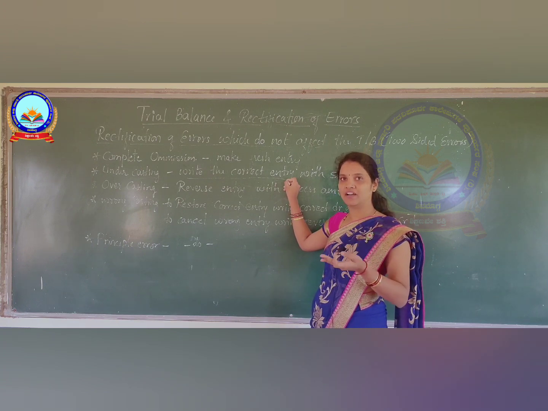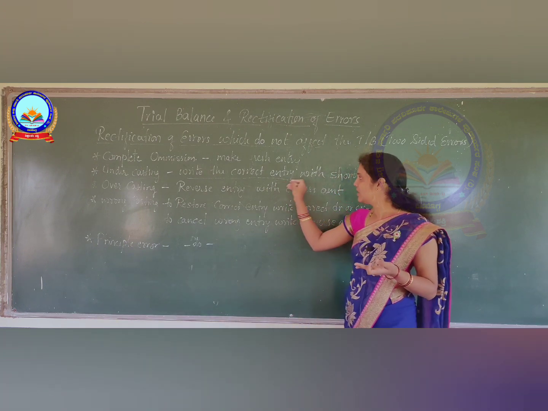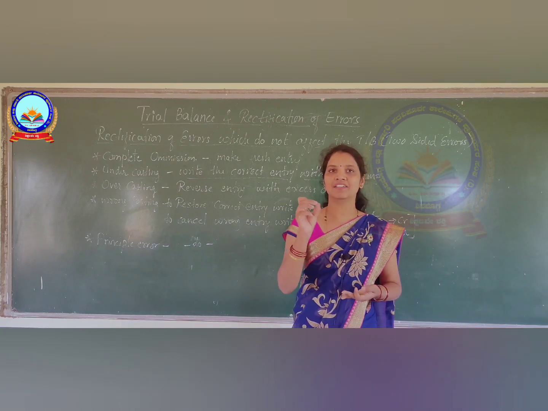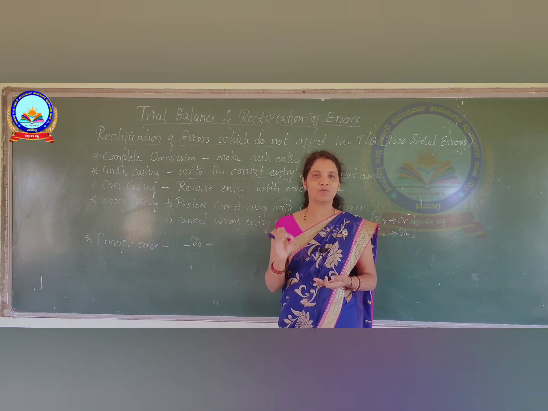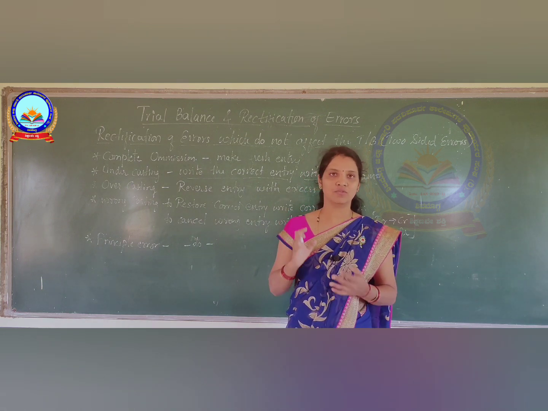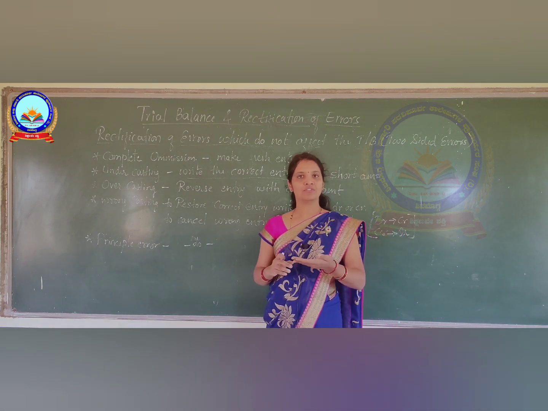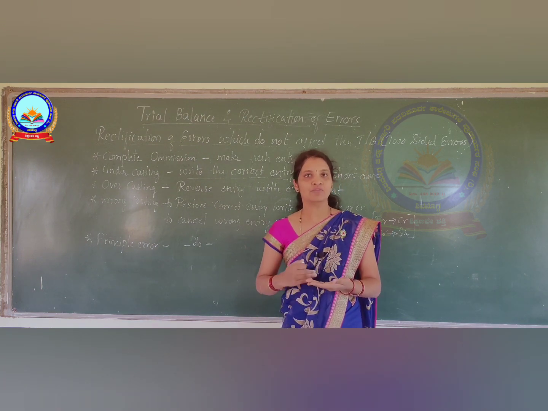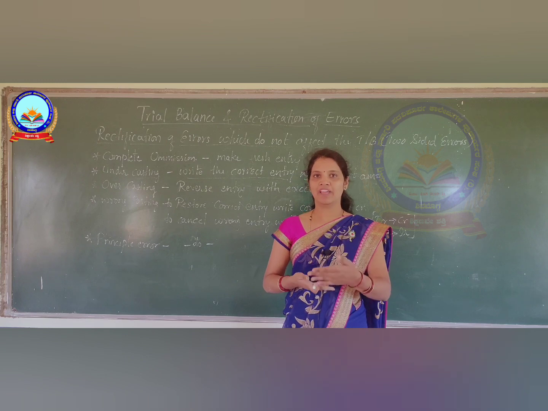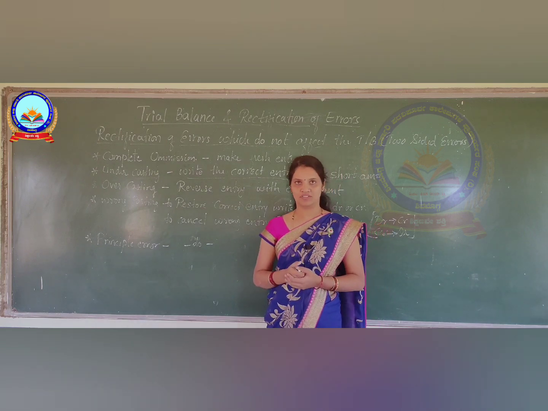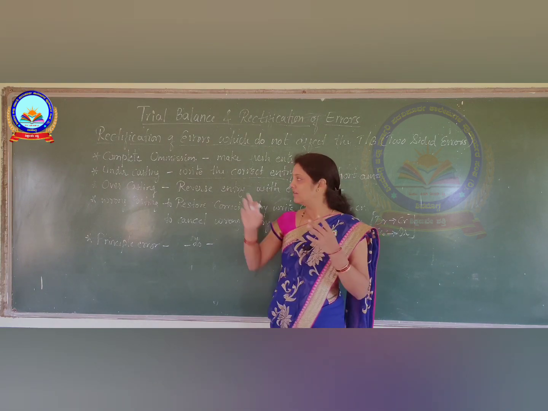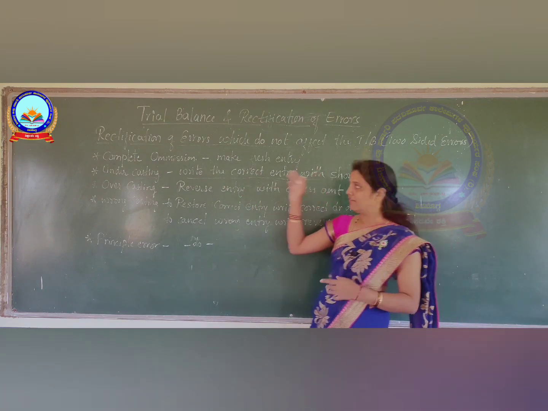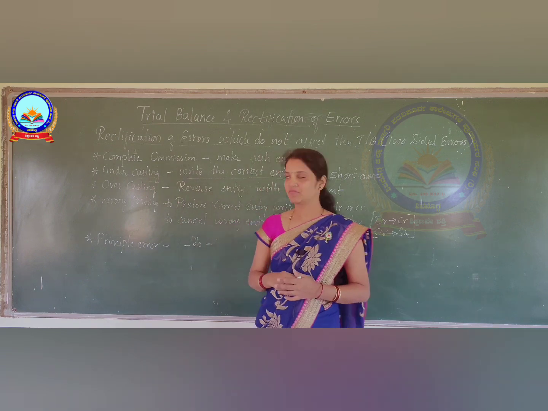Purchases account debit to cash account with the short amount, rupees 9,000, because we bought for 10,000 but recorded 1,000. Now we have to record 9,000 once again, to make the total 10,000. So write the correct entry with the short amount when there is undercasting.